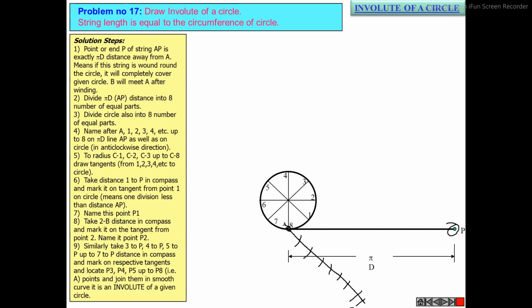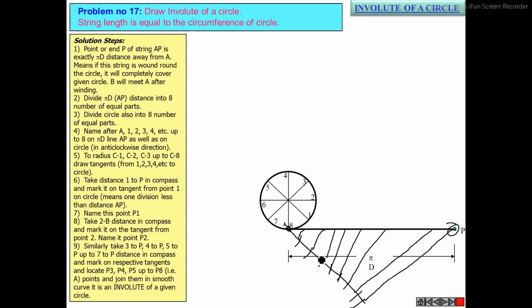Then what is the process? Join the last arc point with the end point of the line, that is, with P, and then with the help of the set square we will draw parallel lines. Yes or no? Yes, sir.